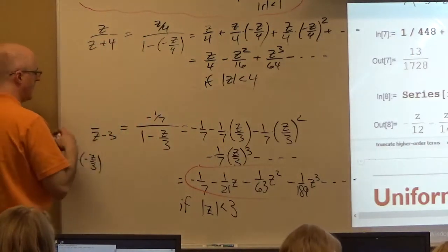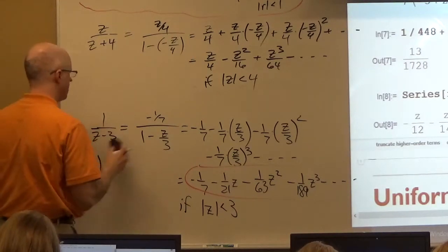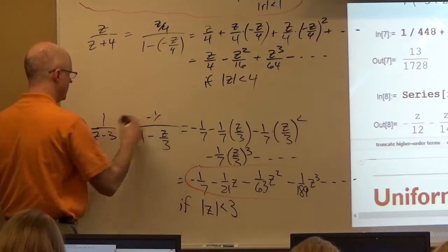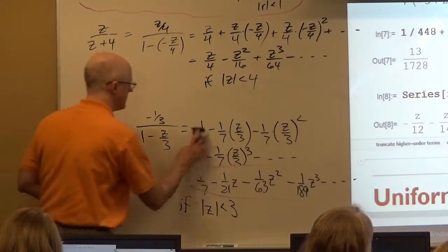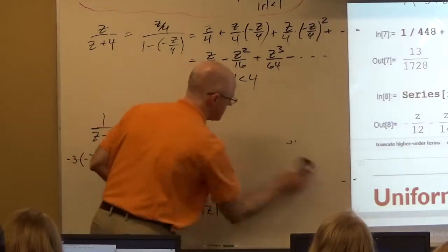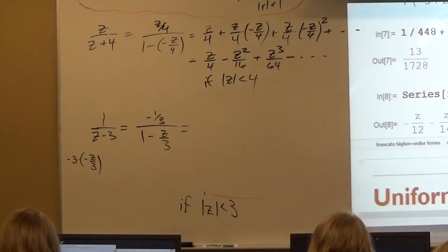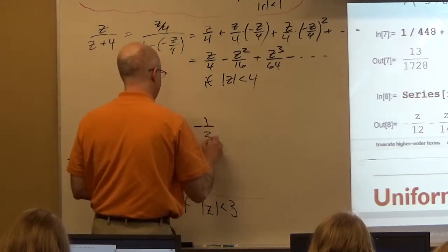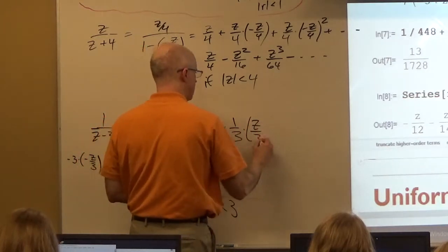The other one, let's put a 1 in here, which is going to give us, careful here, a negative 1/3, right? Let's double check that. So a is negative 1/3, r is z over 3.